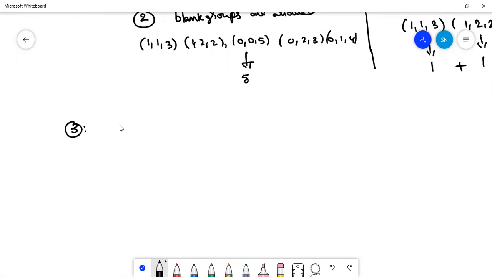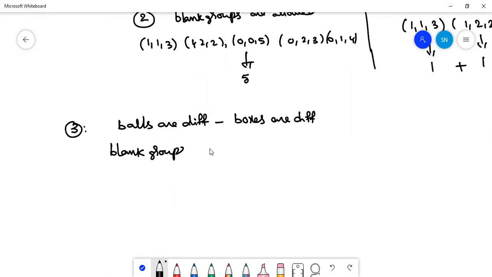Blank groups are not allowed. So this is the last point of the previous discussion.